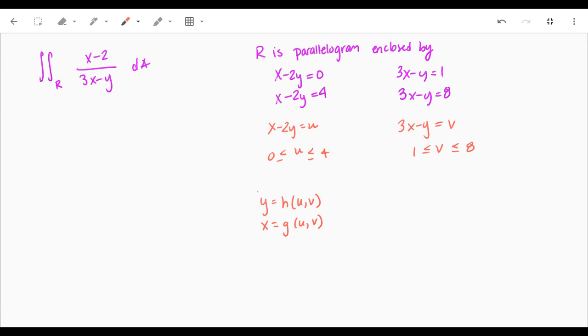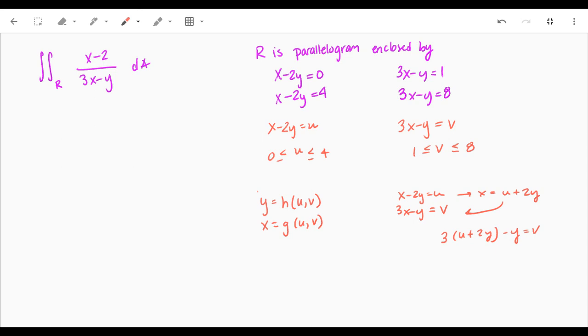So what we have here, we can do some subbing in. We have x minus 2y is u, and 3x minus y is v. With this one, we can say x is u plus 2y. Then we can sub it into this one: 3 times (u plus 2y) minus y equals v.